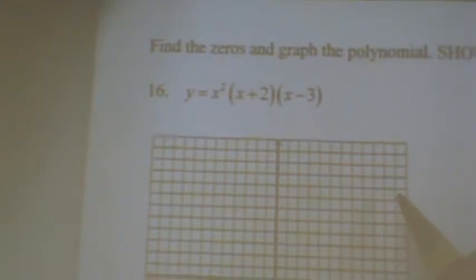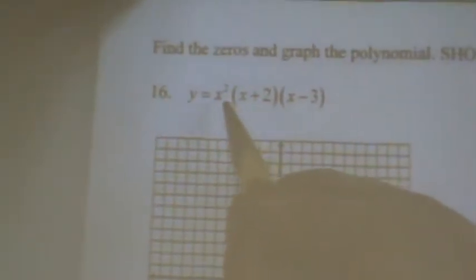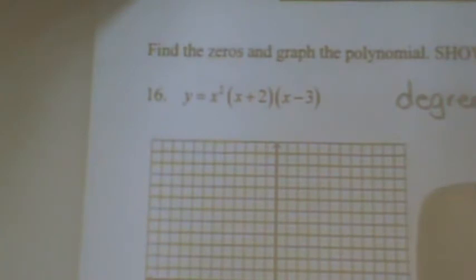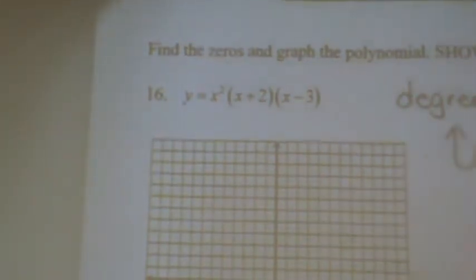And Tara, this is what you were asking. On your test, you can easily pick out which is the right answer. You want to look at the degree of the whole problem. The degree of this is 4, and it's a positive leading coefficient, so it's going to look something like that.